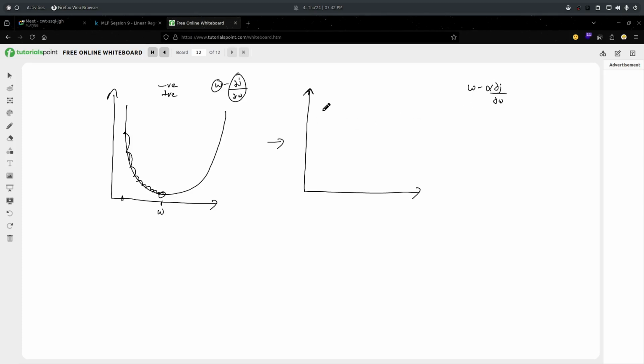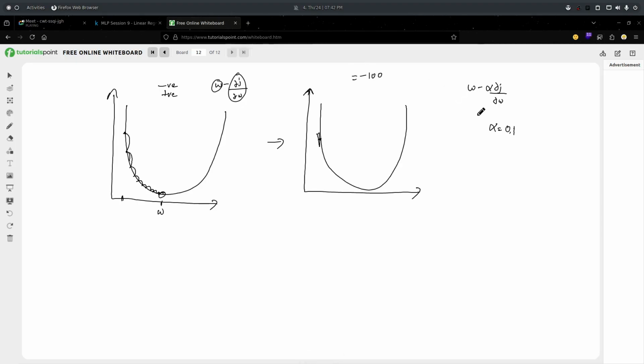Alpha basically controls how much we should subtract in each step. Let's suppose I set alpha to 0.1, and I get the slope here as minus 100.